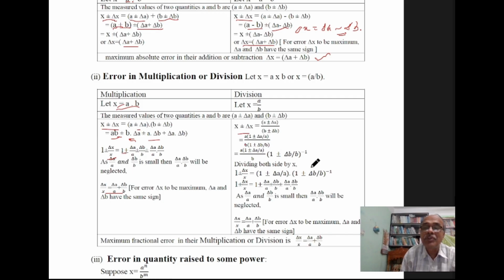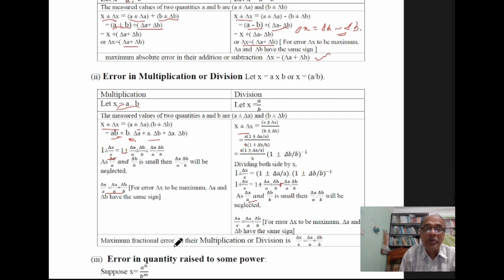We know that formula from the mathematical expansion tool we have seen, it will be multiplied by minus. So here we are doing plus minus, here it will be minus plus. Again, as this is small, this term will be neglected. Then we can write delta X by X equal to delta A by A plus delta B by B.